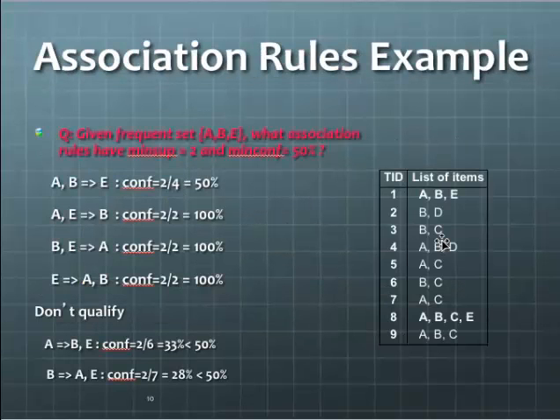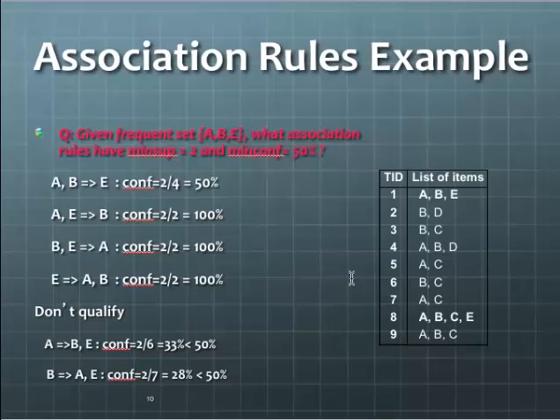For example, for the rule from A, B to E, in order to calculate the confidence of this rule, we first calculate the support count of this rule. It is how many times this whole frequent data set appeared together. The A, B, E, like we already counted, appeared twice in this data set. So it's 2.